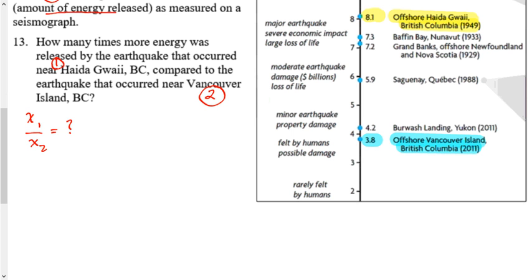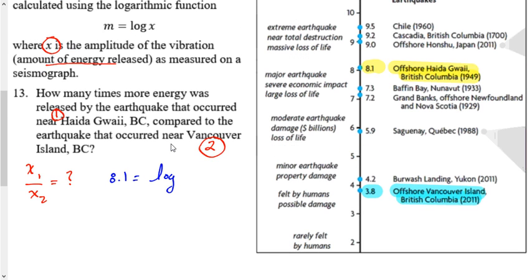So I know that that magnitude of 8.1 is equal to, notice there's no negative sign this time with our logarithm as you look at the equation that's above. Guess I'll scroll up. There you go. So here's the equation. The magnitude is just equal to the log of x. No negatives involved.